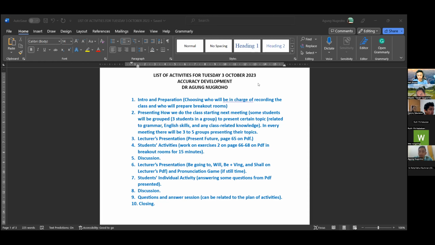And if the numbers are not enough yet, for example, I need 15 people for 5 groups, and there are only 12 people, it means I need 3 more people. So I will choose randomly 3 more people, and I will make the groups of those 15 people. So it's going to be 5 groups consisting of 3 people in each group.